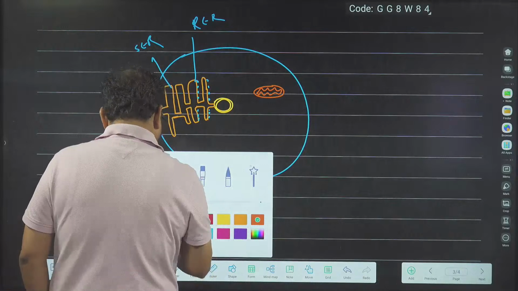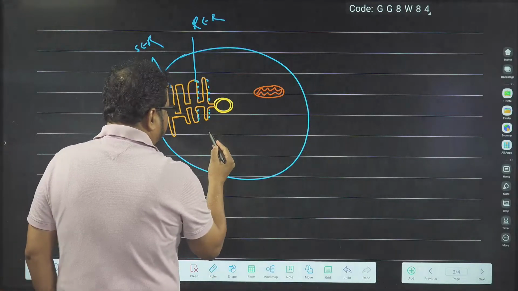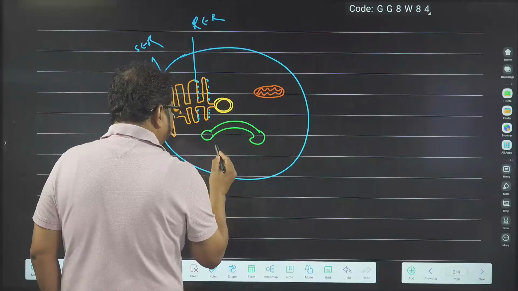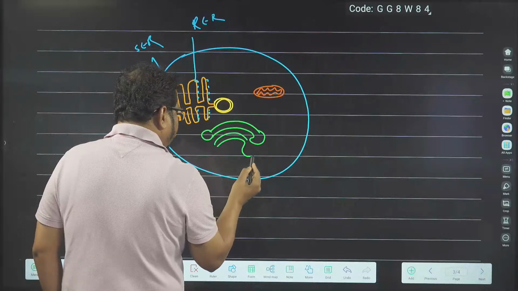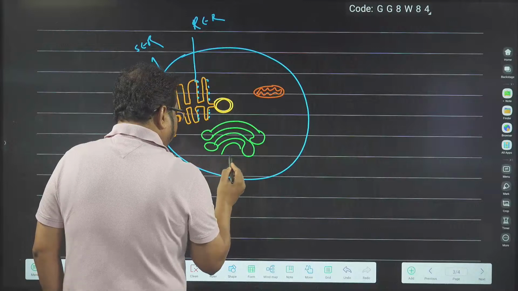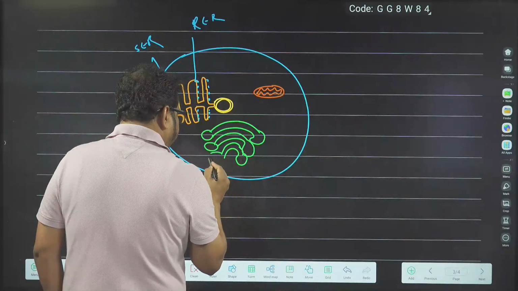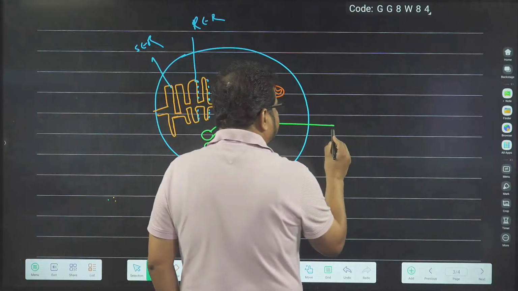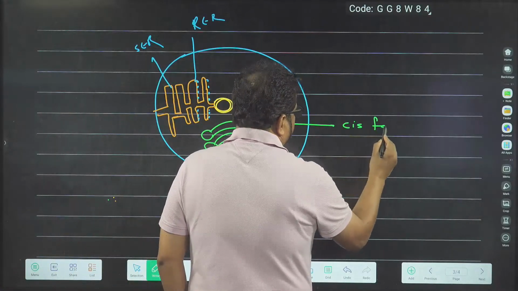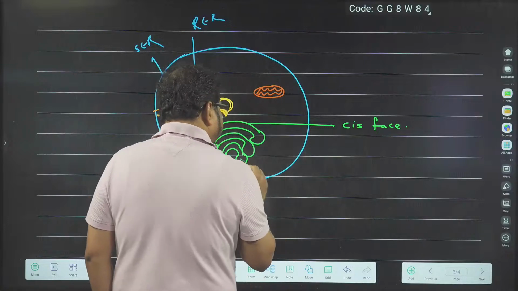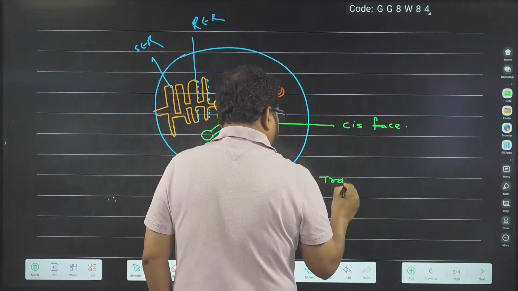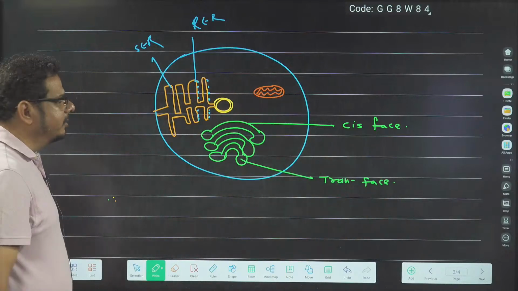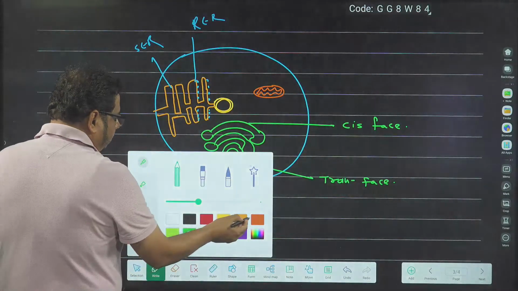Now I am making the Golgi complex. Just try to connect. Suppose this is the Golgi complex. NCERT wrote that the Golgi complex is present near the ER. This is the cisternae I am making. This is a cell organelle present near the endoplasmic reticulum. So this is the cis phase, and this is the trans phase. Now try to connect how the Golgi complex works.